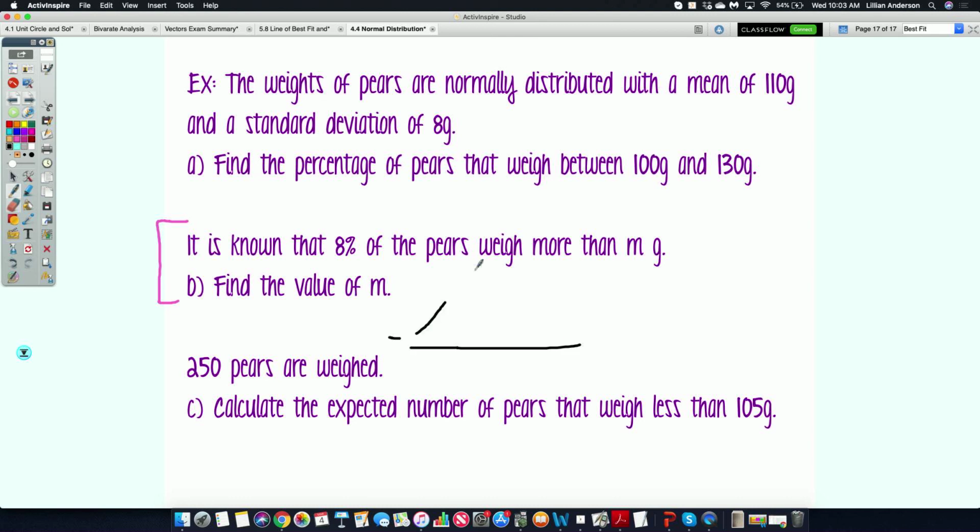On this normal distribution of pears, their weights, what's the mean? 110. I have a standard deviation of 8, and it's telling me that 8% of the pears weigh more than M grams. The key word is more than.